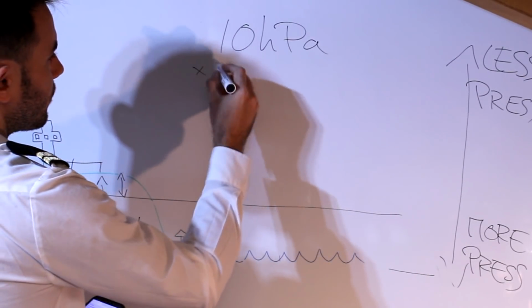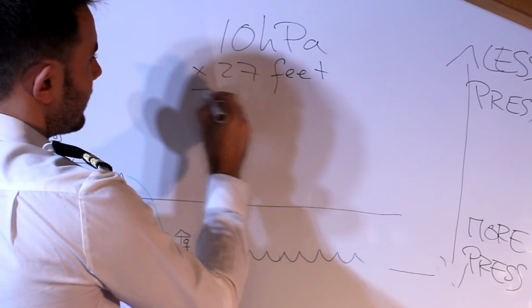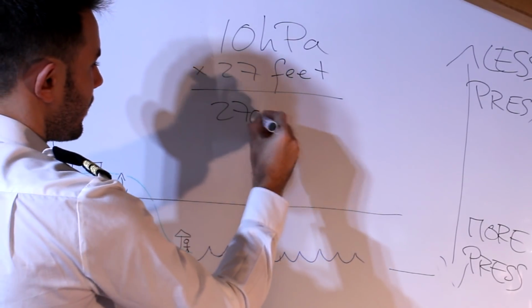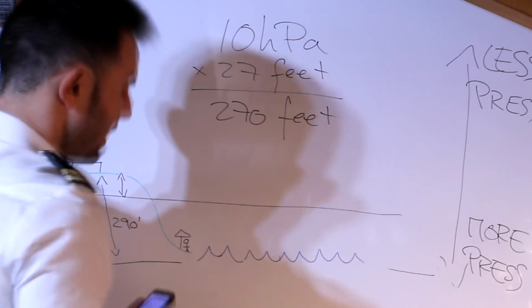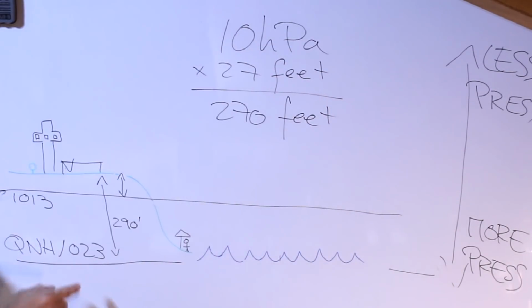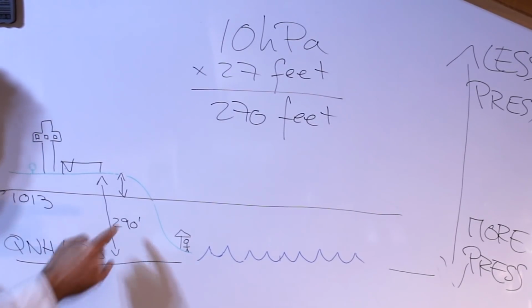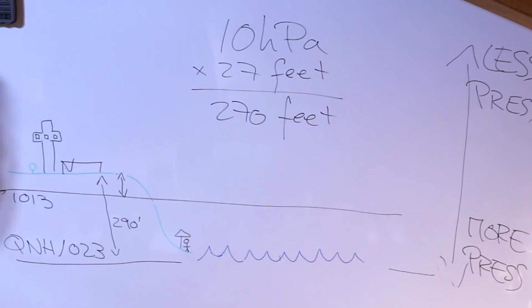So ten hectopascals times 27 feet is 270 feet, the difference between the 1023 isobar and the 1013 isobar. So this middle distance is 270.